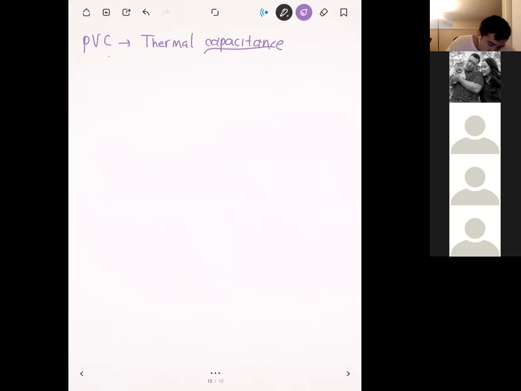In the same way here, all of these parameters affect how much internal energy the object can store.